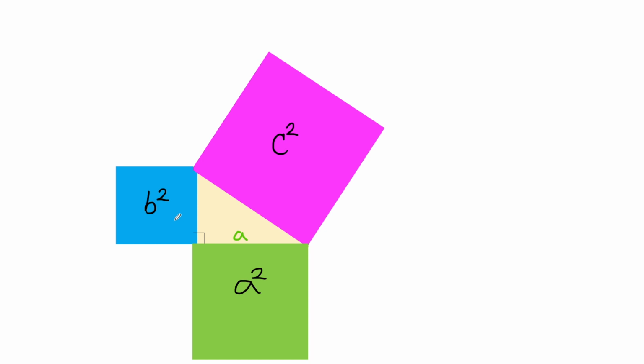So if we cut this square, we place it here, and we cut this square in a certain way, we are able to fit it in here and see that it matches perfectly. So basically what you're going to come up with is that A square plus B square equals C square. And this is what is called the Pythagoras theorem.